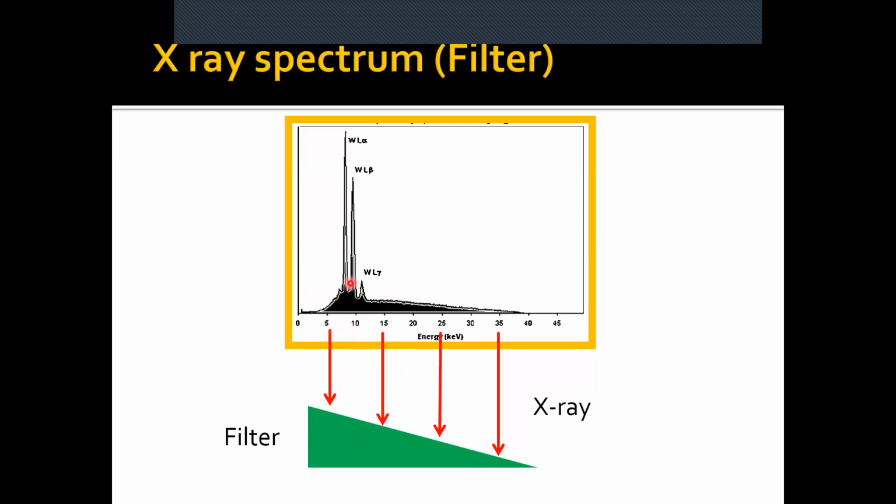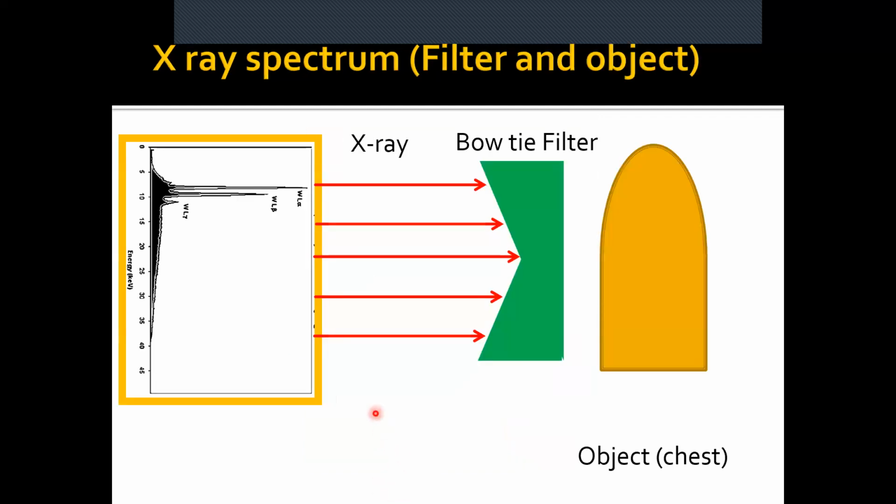Now, for these lower energy rays, because they don't have a lot of energy, they're going to be absorbed by the filter. Whereas for these high energy rays, they already have a lot of energy, so they have no issue passing through the filter.